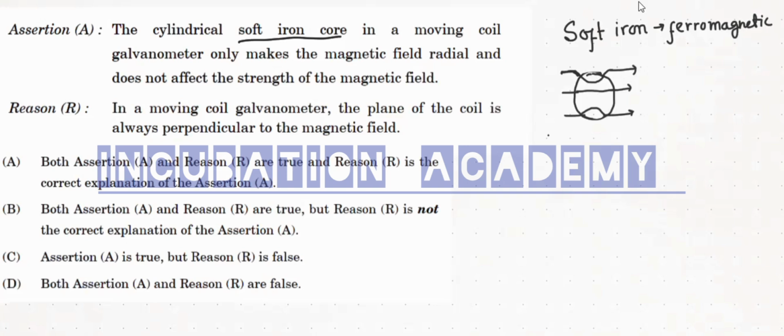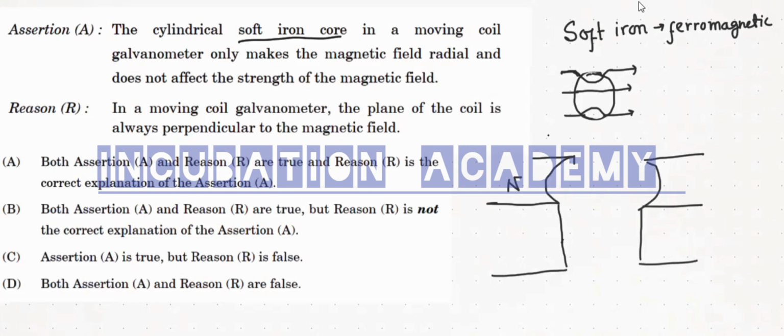So here is the galvanometer's internal construction. This is the north pole, and this is the south pole. We know all these things.